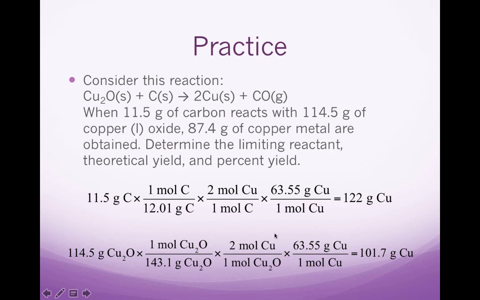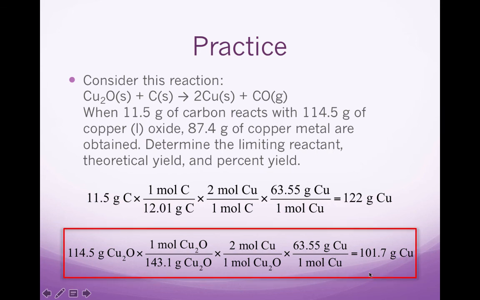Now I'm in moles of copper, but I want the mass of copper made. So I use the molar mass of that. This says that for 114.5 grams of copper monoxide, I should make 101.7 grams of copper. So this is my limiting reactant, copper monoxide, and my theoretical yield is 101.7 grams of copper.